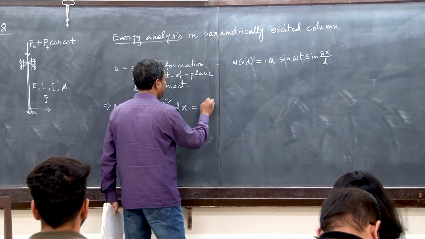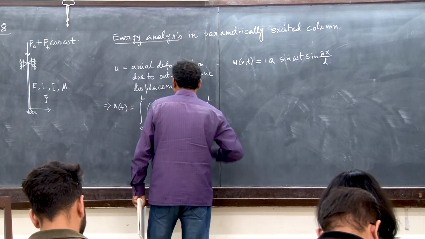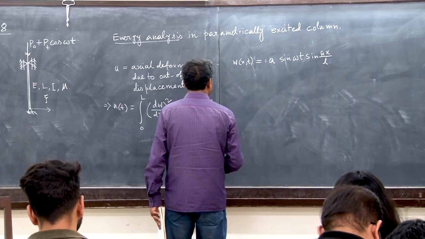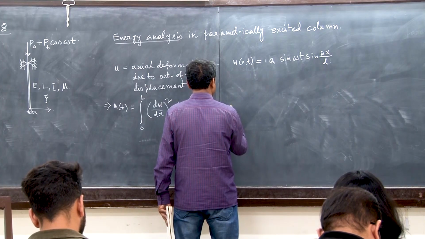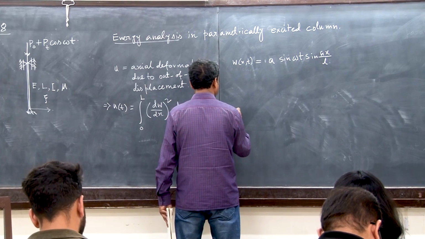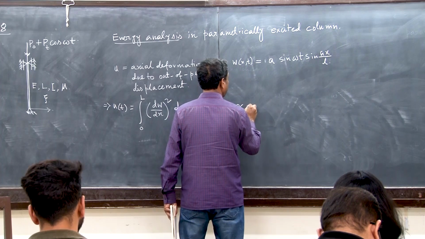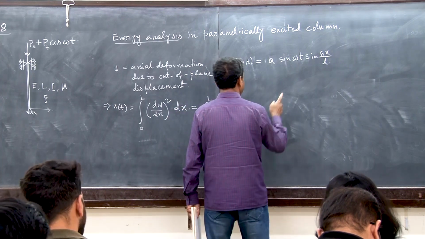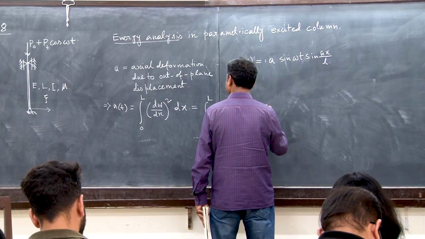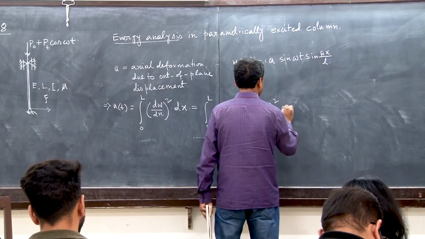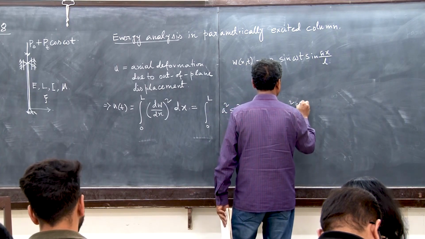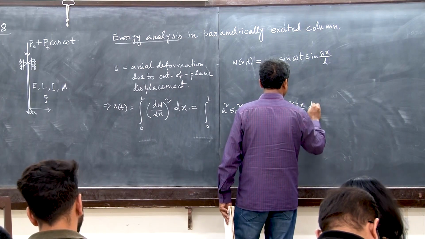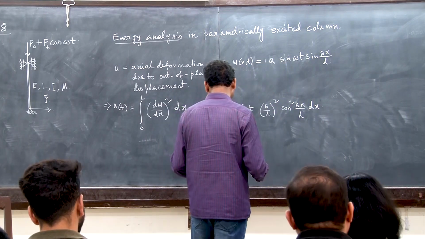So then if you integrate from 0 to L, a square sine square omega t and pi by L cosine square pi x by L dx, right?